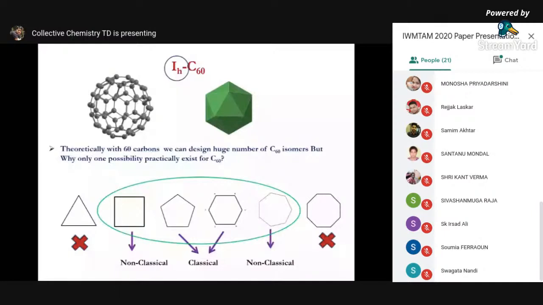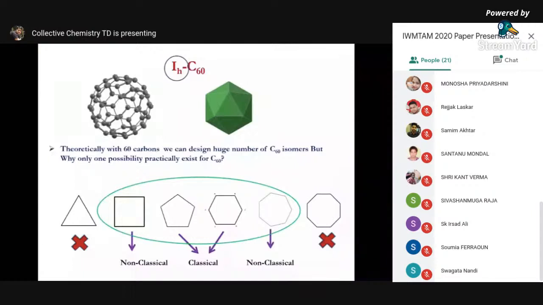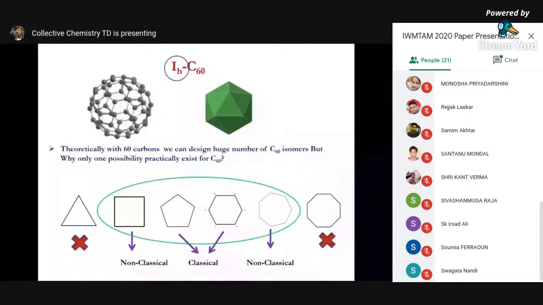Between these two, the development of classical fullerenes is very much in the focus of researchers, but the development of non-classical fullerenes is not so much developed, and in my lecture I am mainly focused on the classical fullerenes.